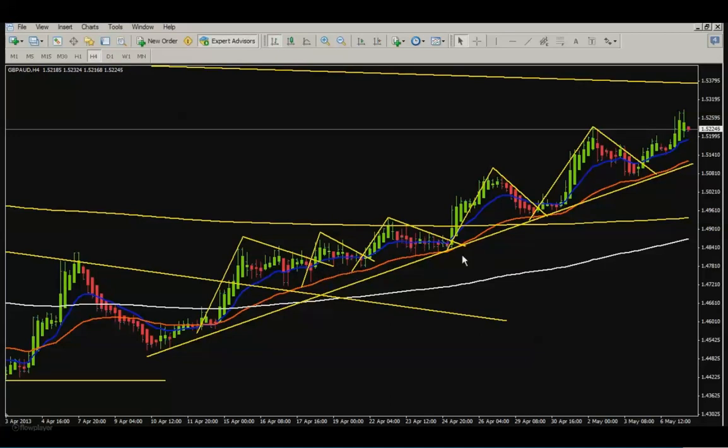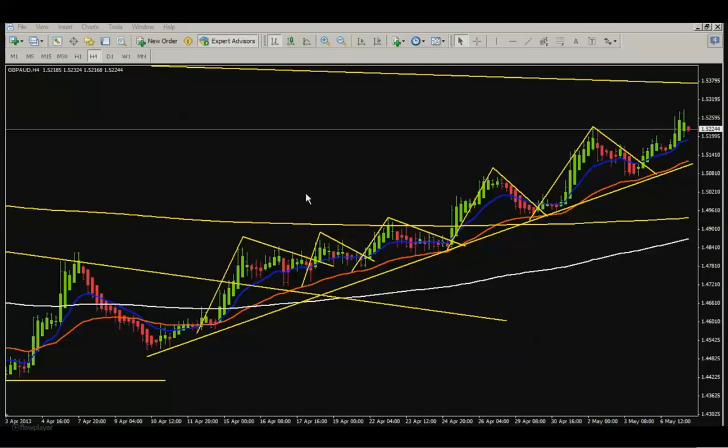Okay, in this video I won't talk about the entries, that's the next module, and I won't talk about the time frame combinations. That means what time frames exactly do we combine to trade. I showed you in the module before, but in detail and how we do it, that is a different module.